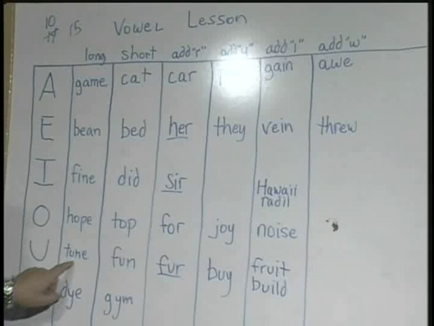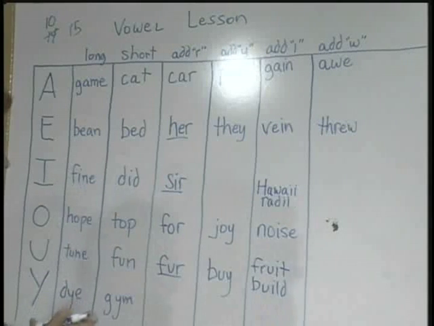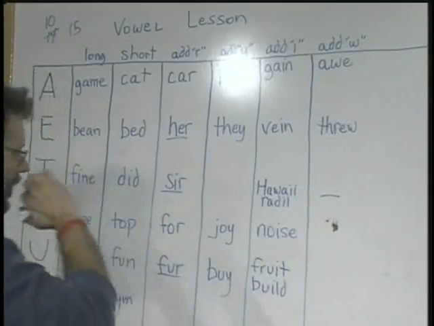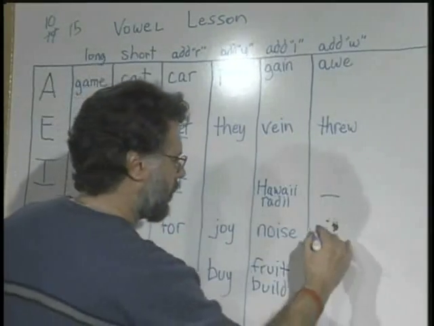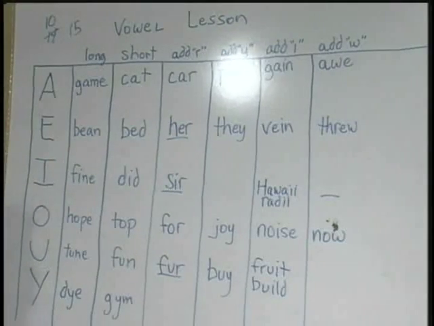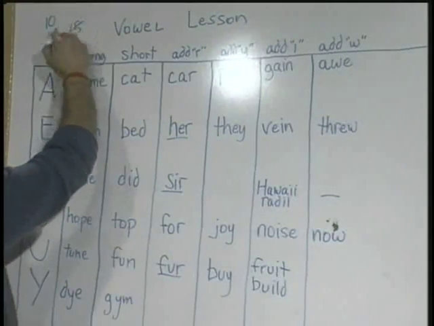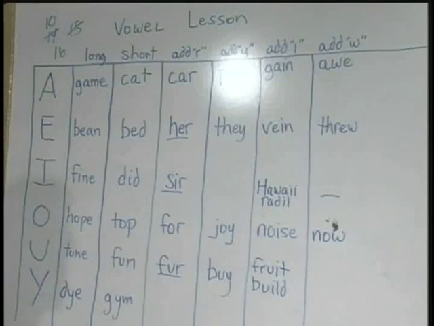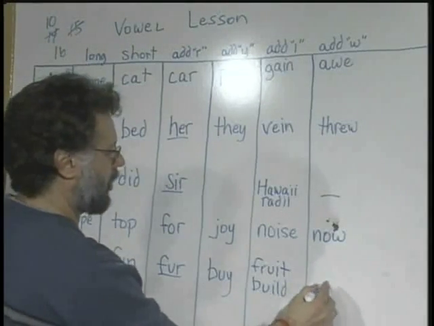We get oo. Okay? So we have through. You can also think of other examples, few, new, pew. Okay? And we don't add a W after I, but we do add one after O, and we get ow, as in now. 16 sounds. Okay? And we don't add a W after U.